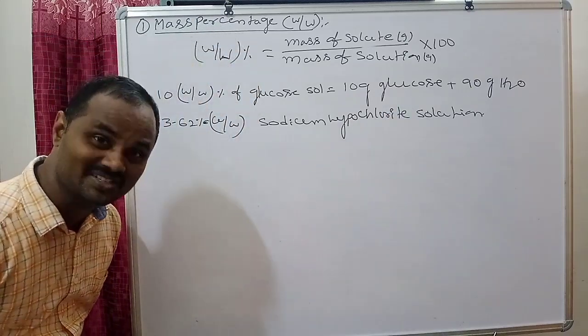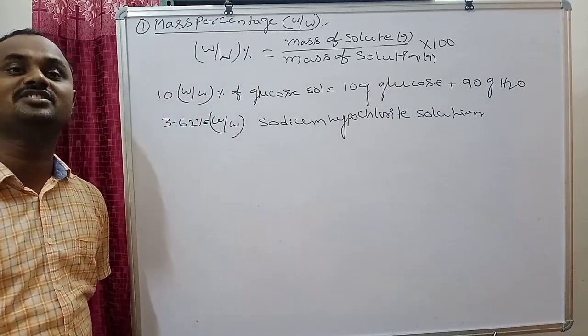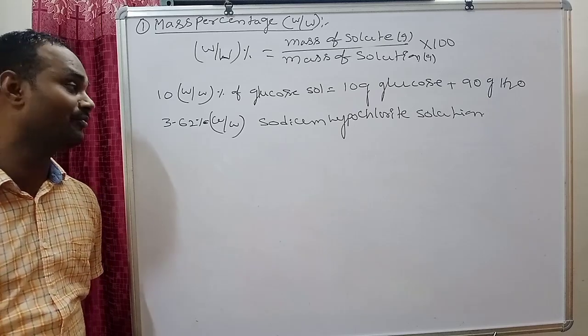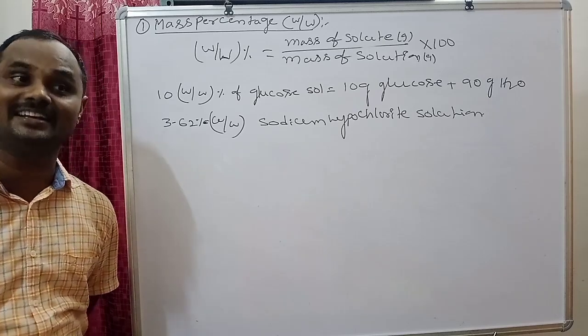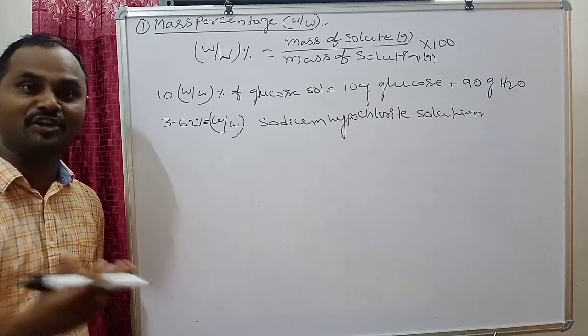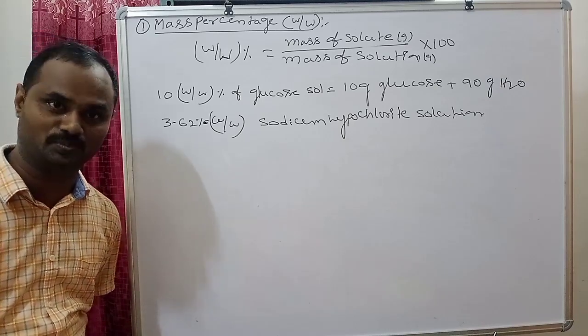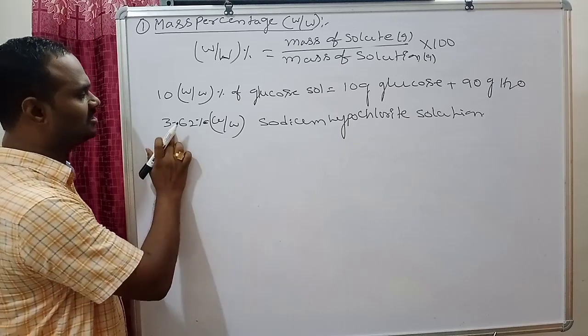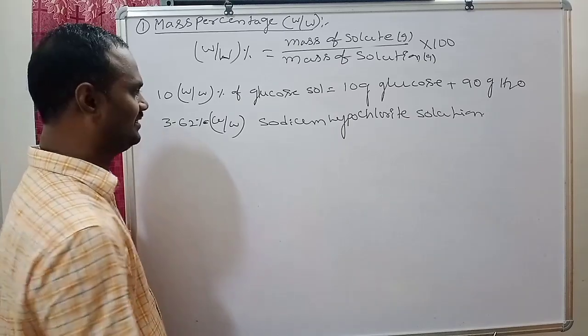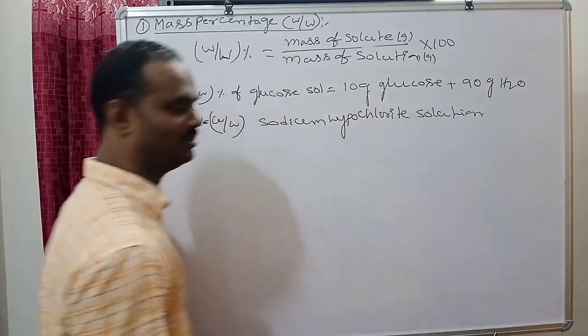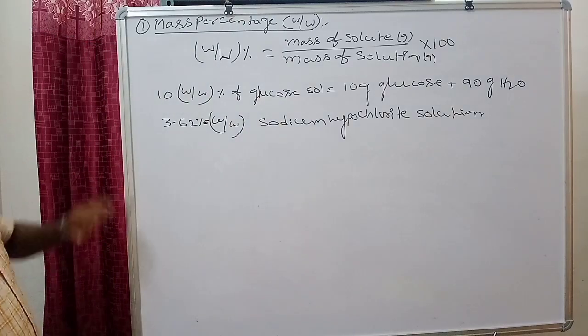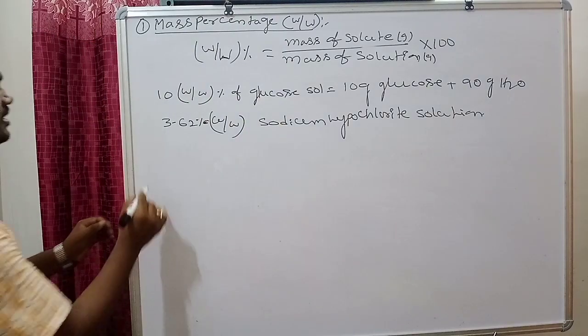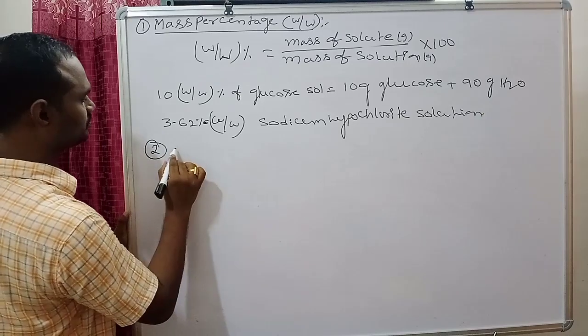Commercially we use it as a bleaching solution. Nowadays we are using this solution for sanitization. On TV every day we hear about the sanitization process. For that, which solution are we using? 3.62% sodium hypochlorite solution they are going to use. This is the mass percentage. Next, second one.